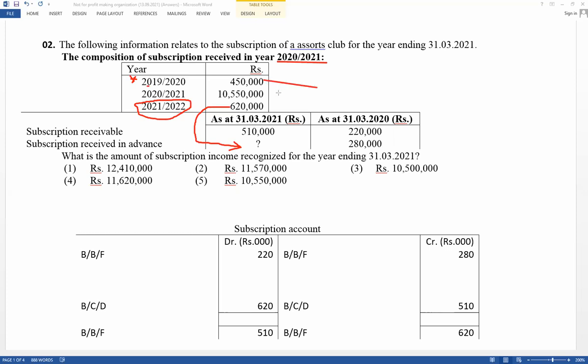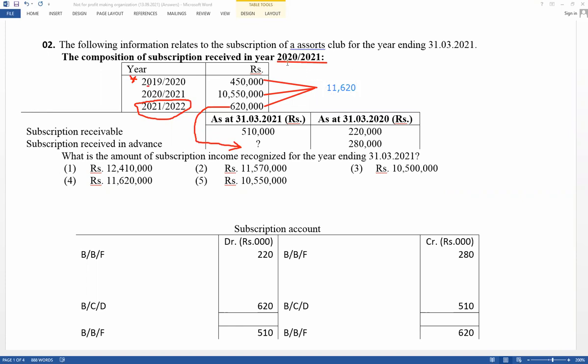All three values received during the accounting period. Take total value as subscription receipts 450,000 and 10,550,000, take values in thousand, and 620. Therefore, subscription received during the accounting period equal 11,620.